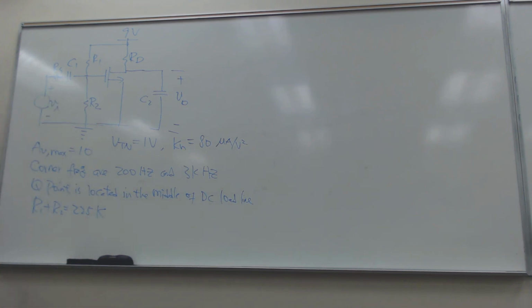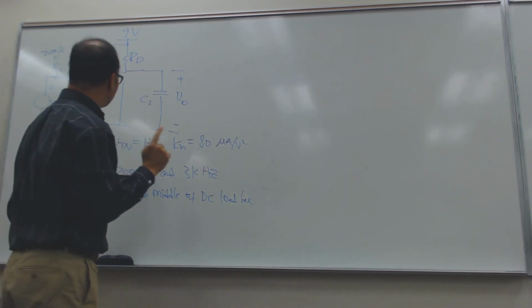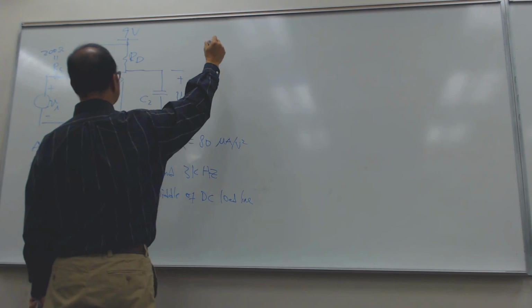So now we have to design the circuit. Design the circuit means we have to find all this. This one is given, by the way. This one is 200 ohm. So we have to find all the unknown parameters, components.